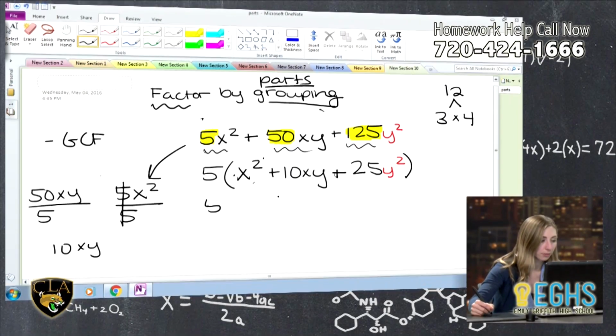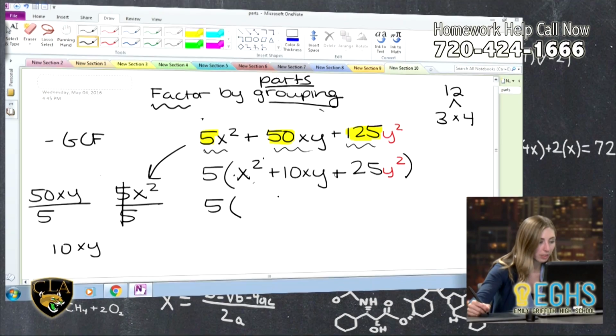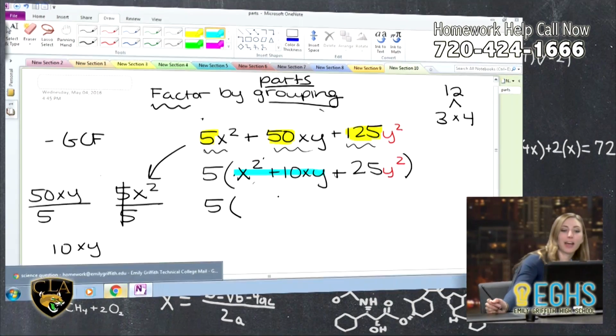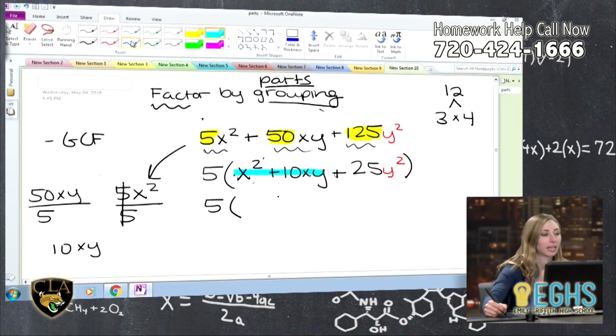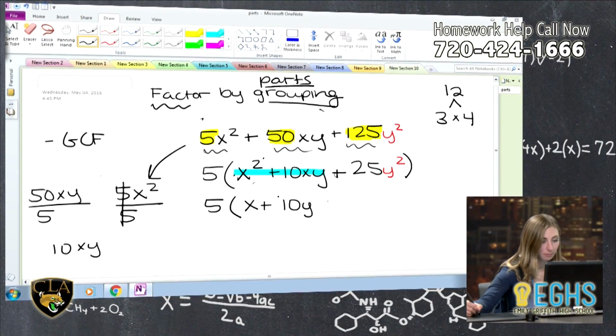We already took out the 5. What we could do is look at these 2 terms separately and look at a common factor in that. And we would say that x is common in that. So we could take out the x and then plus 10y.